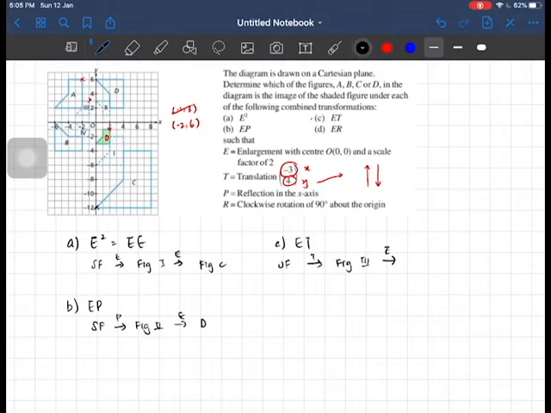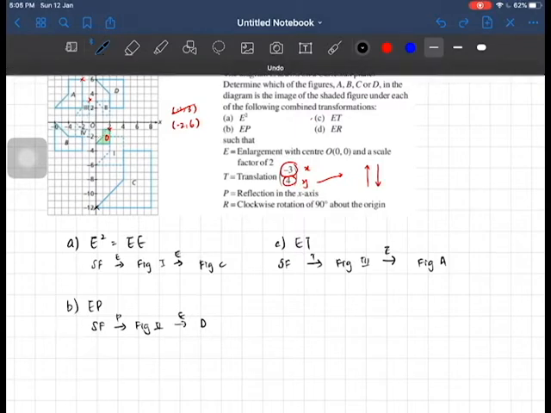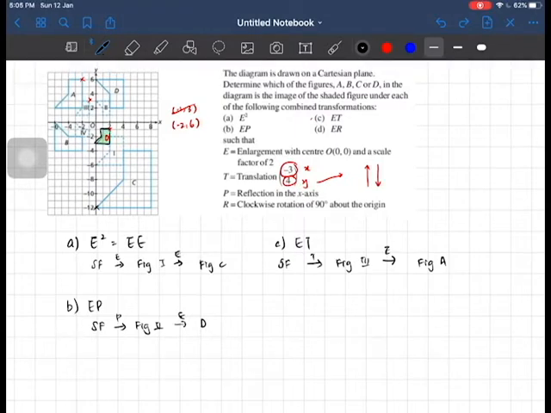And I'll get figure A. So this would be my image under ET combined transformation from my shaded figure, which is this one. This. Right. Okay, next question.